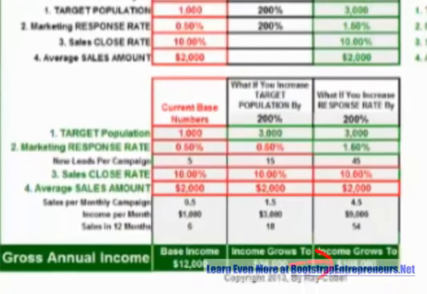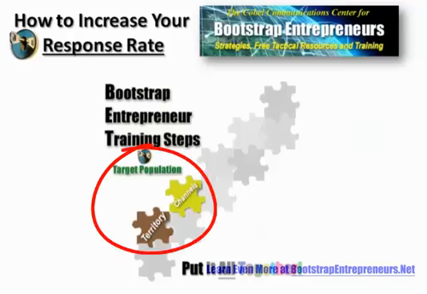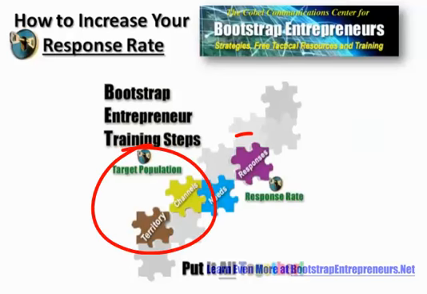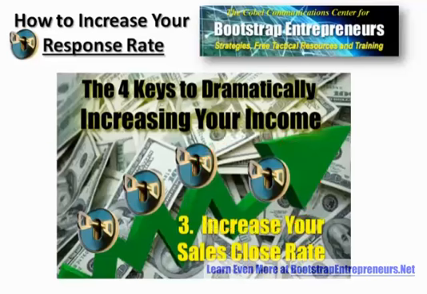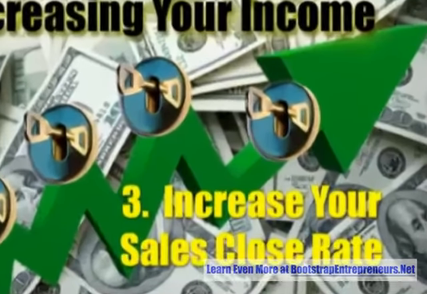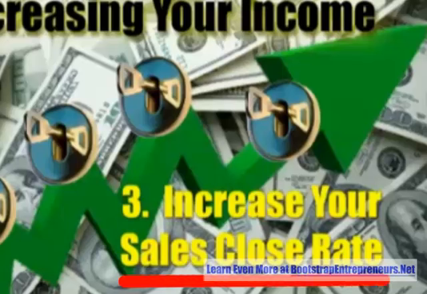Wow! Income triples again. But don't stop here. We're still not even close to being done yet. You've only seen the steps for increasing your target population and now your response rate. In the next video, I'm going to show you how to dramatically increase your sales close rate.